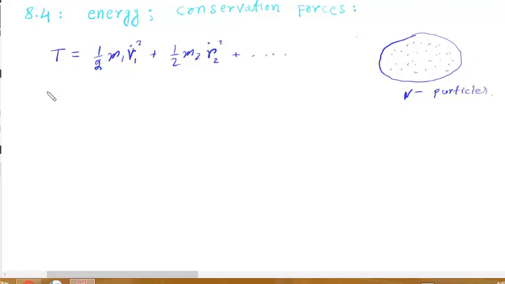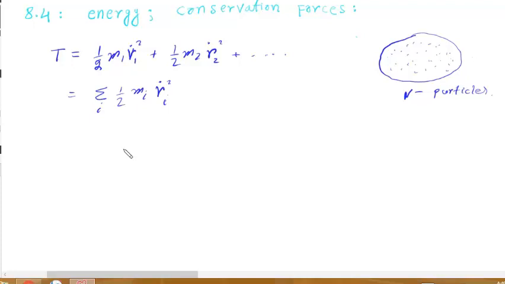We can write this in the form of a summation: one half m_i r dot i squared. This is the kinetic energy of this system, which consists of a large number of small particles.